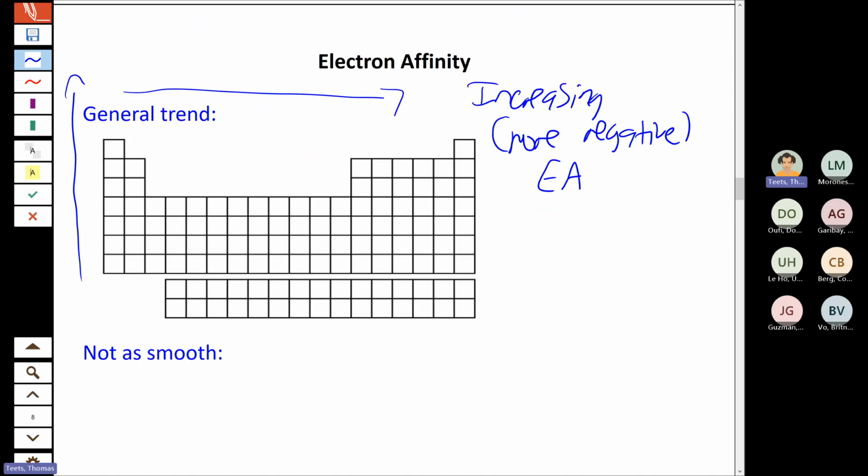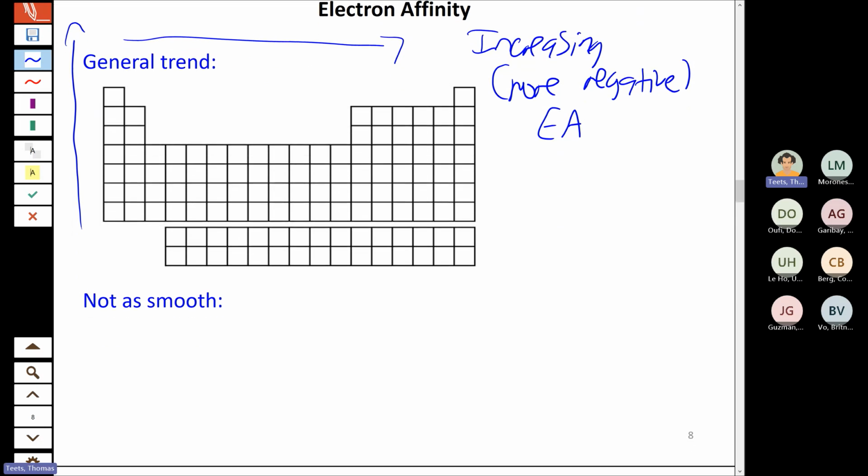So that's going to be the general trend. But again, there's some breaks in the trend, and they come really in the same spots of the periodic table. So the nice thing is all these exceptions we're talking about for ionization energy and for electron affinity occur in the same groups of the periodic table. They occur in opposite directions.